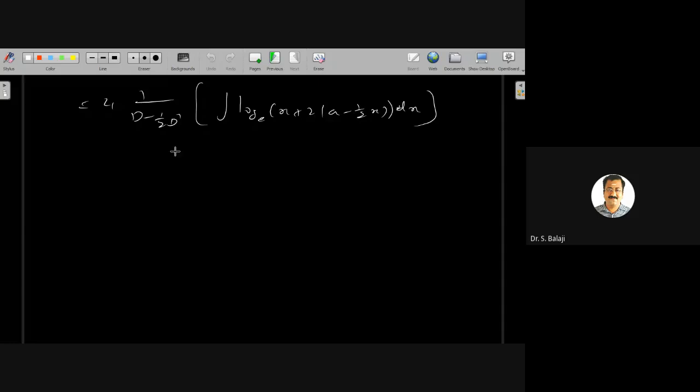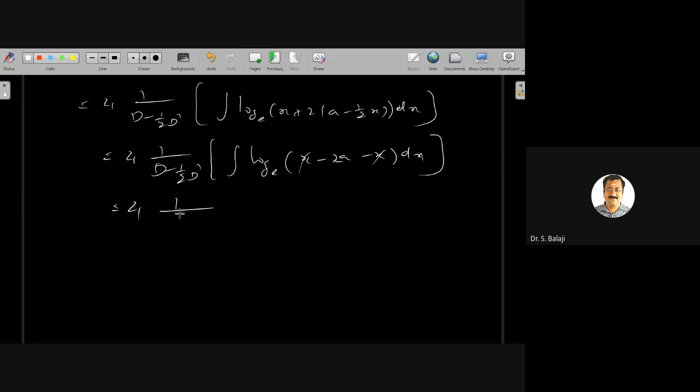Operate this 2 here: integral of log of x plus 2a minus x. The 2 gets cancelled, and x gets cancelled, leaving only a constant.